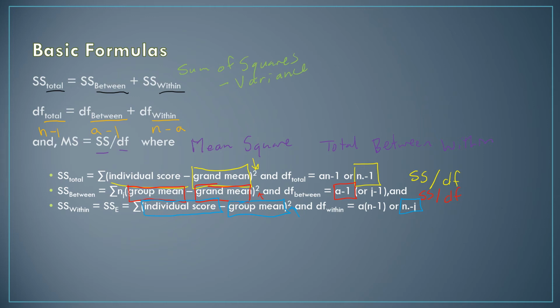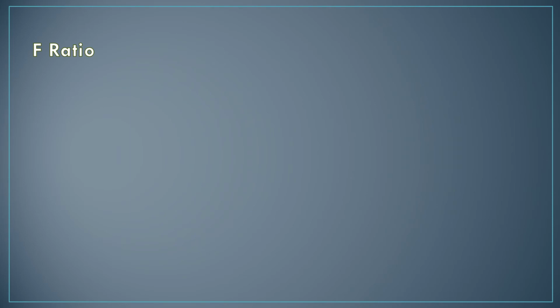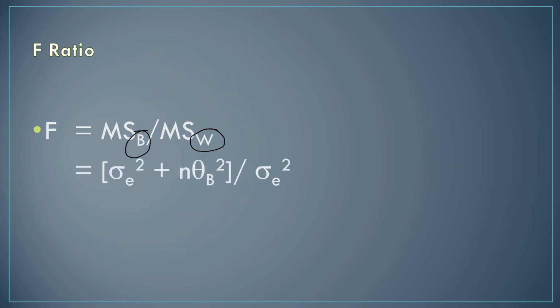included in the analyses. So the F ratio is made up of the mean sum of squares for the between values and the mean sum of squares for the within values. And so this is using the variance for the population to do this calculation.